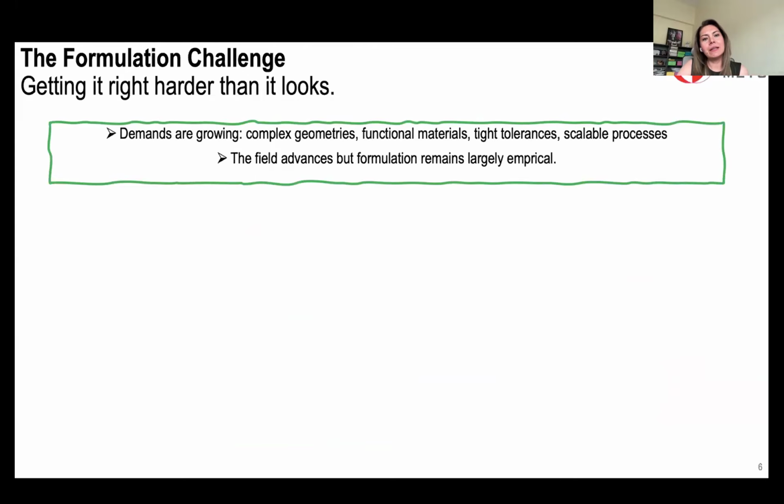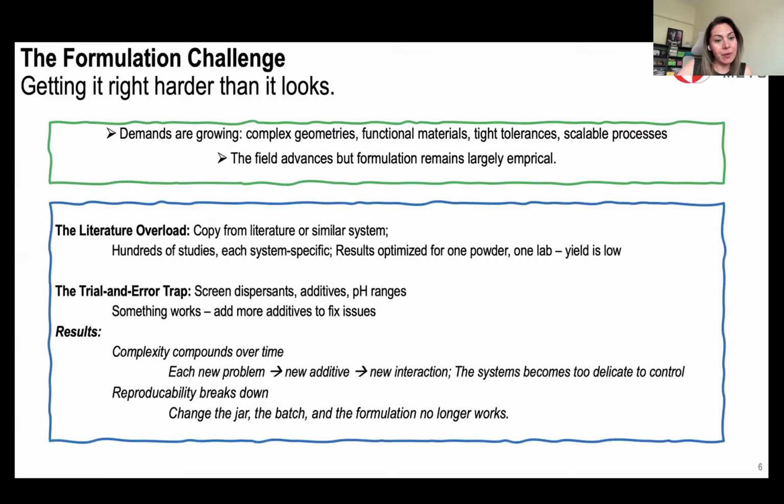So if we are going to develop a recipe, it's a little bit harder than it looks, because the demands are growing. We need to generate complex geometries. We are looking for better functionalities or multifunctionalities, and we need scalable processes. Even though the field advances, the formulations that we develop are largely empirical.